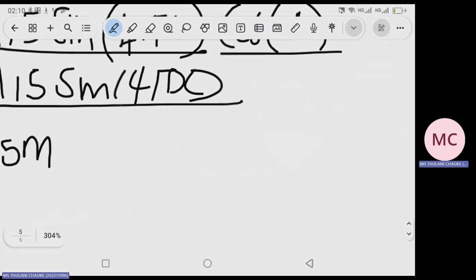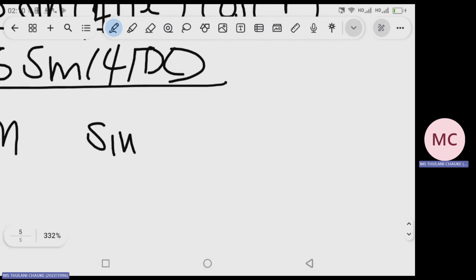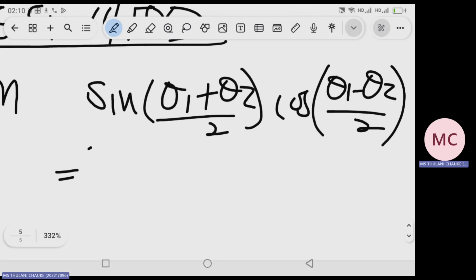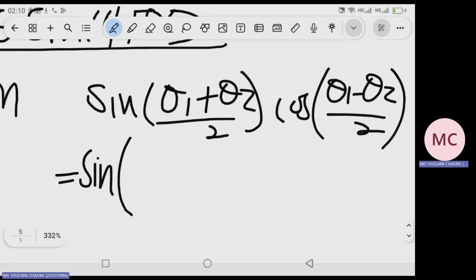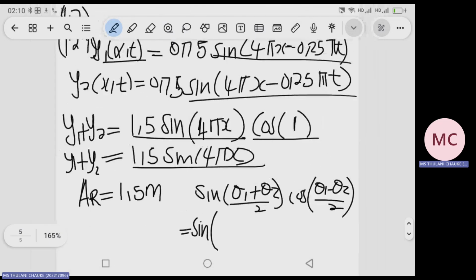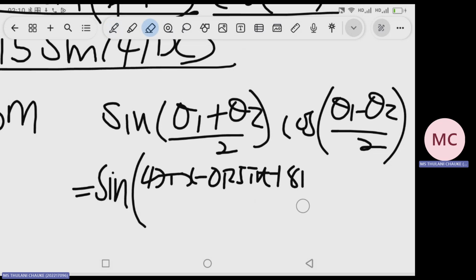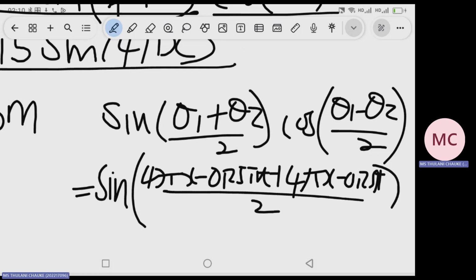We know from that equation, 2 sine of (theta 1 plus theta 2) over 2 times cosine of (theta 1 minus theta 2) over 2, that this will be equal to the sine of the first angle, 4 pi x minus 0.25 pi t. So I will add the angles and divide by 2.